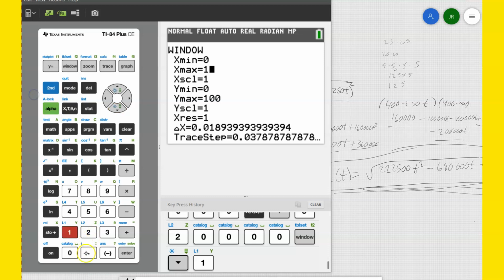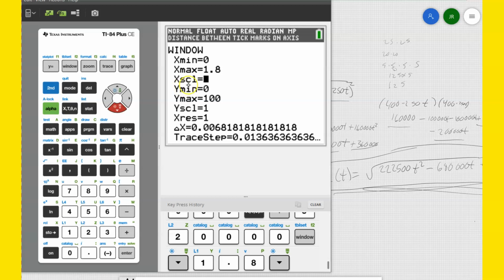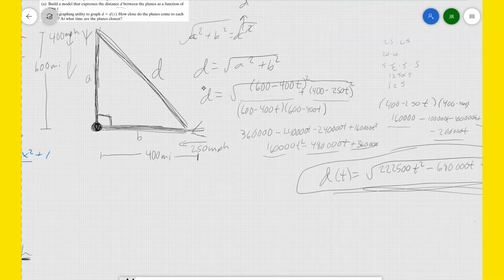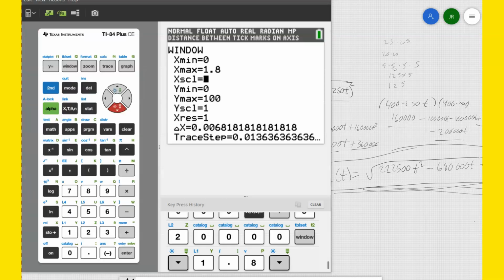Let's try like 1.8. I don't want to get too high. The X scale, 1's fine for that. The Y minimum, the Y is actually the distance. Well, what's the maximum distance away that they would be? The minimum distance they could be apart would be 0.